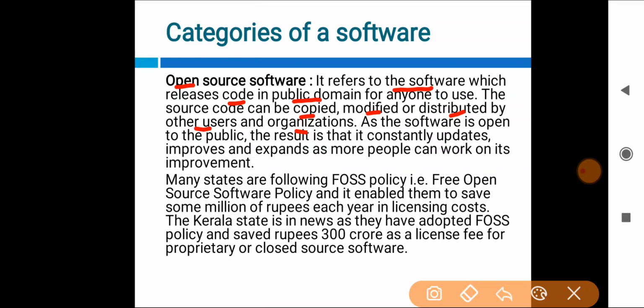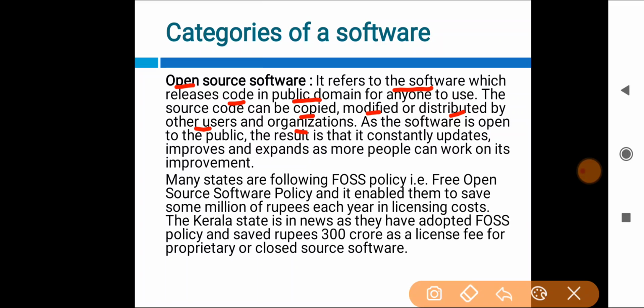Initially, suppose we had made a code for a simple calculator which could perform only 4 operations. Then maybe some other developer improved the code and added more advanced functions like calculation of sine, cos, tan. So that improvement will always be there if it is given for free use to the users.